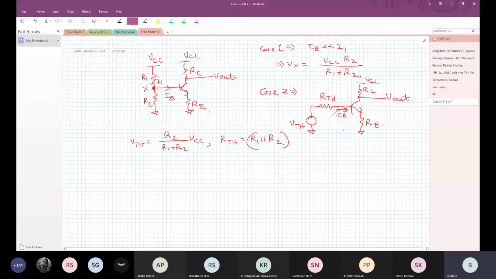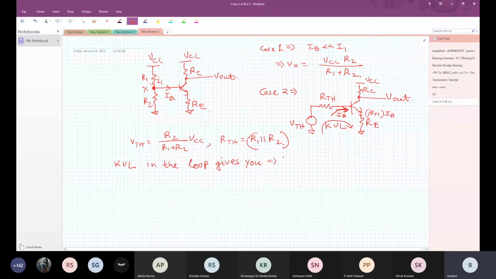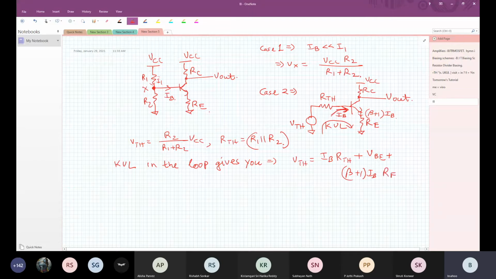Now here, you have to use that iterative technique to solve for the amount of the IB. Whatever is IB here, it is going to be beta plus 1 times IB flowing through RE. Thereby you write a KVL in this loop, which gives you VTH equal to IB times RTH plus VBE plus beta plus 1 times IB times RE.